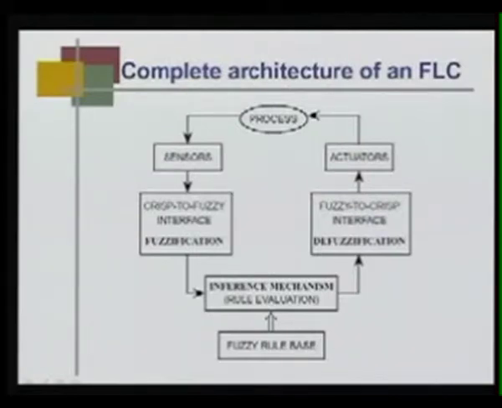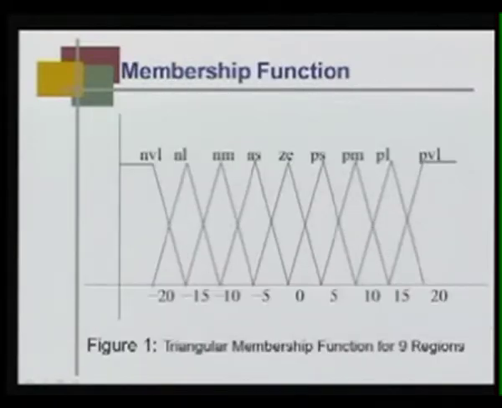Then that goes to the rule base and then the inference mechanism, which produces the control signal in fuzzy variables, which is converted to crisp values through defuzzification, and then the driver or actuator gives the control signal to the actual process. So, this is our architecture.